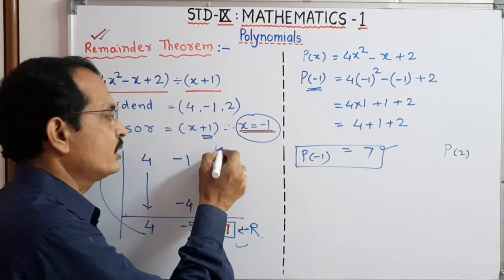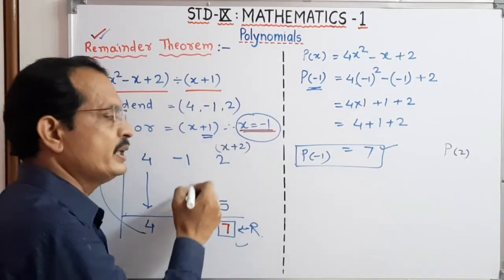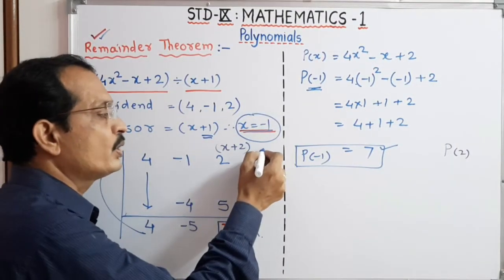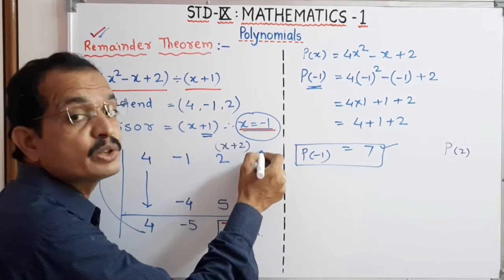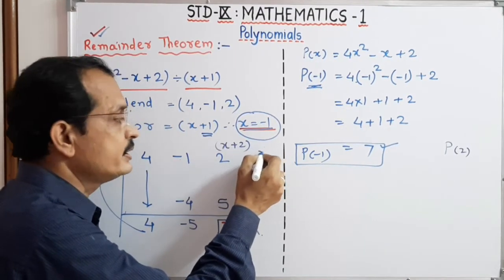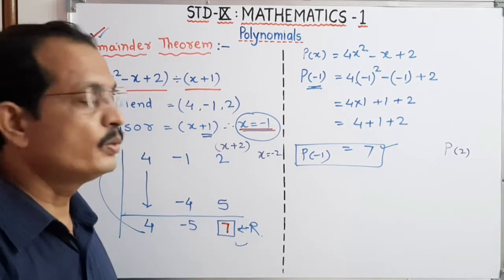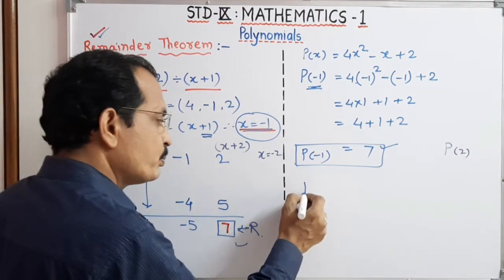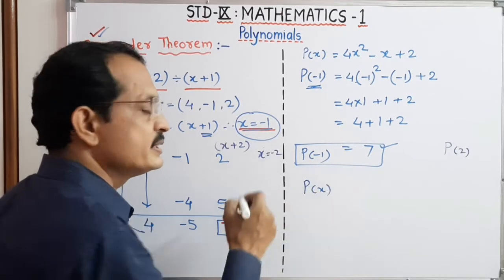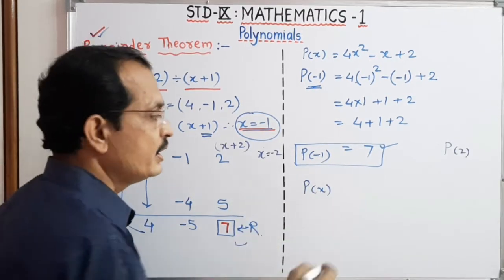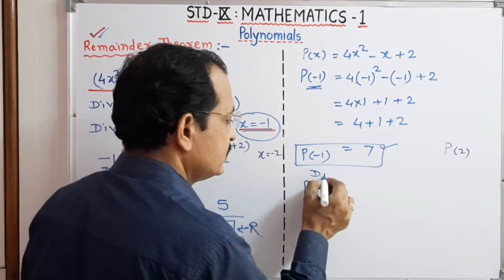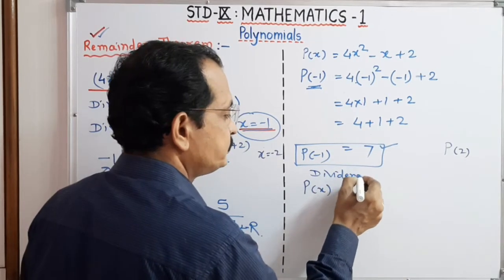If x plus 2 is there, then we have to find the value of this polynomial for x is equal to, yes correct, x is equal to minus 2. Got it?